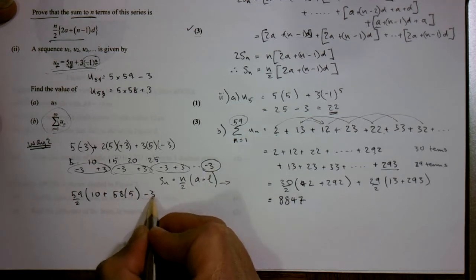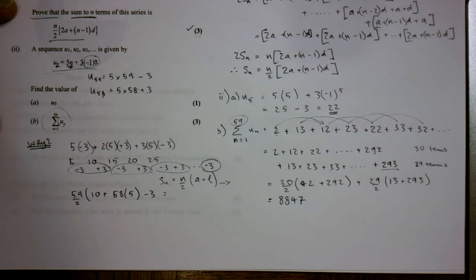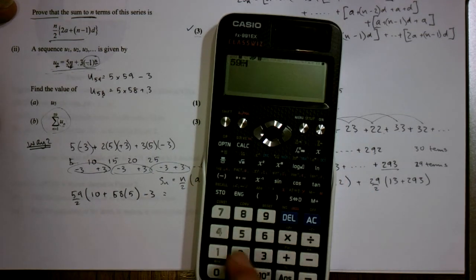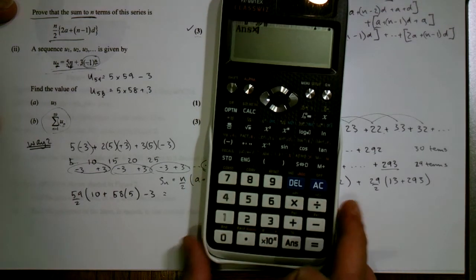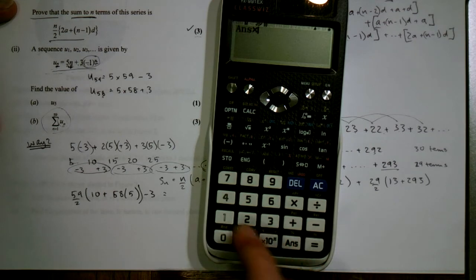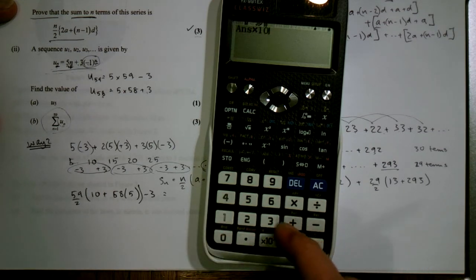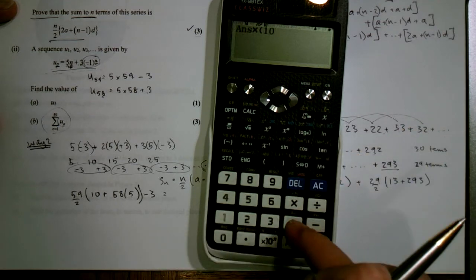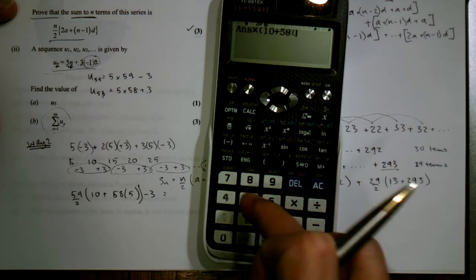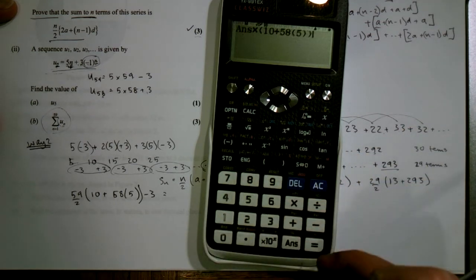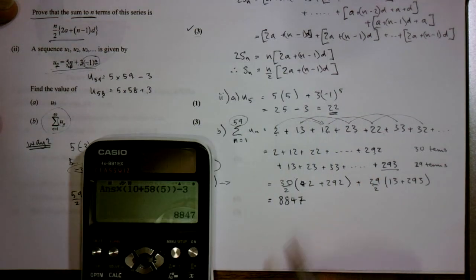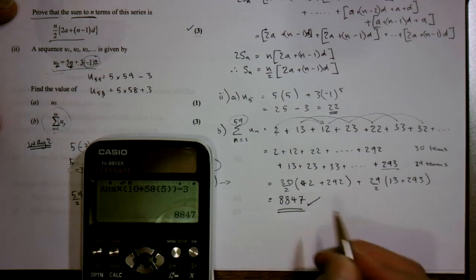Then if I take away that 3 that I've got left, that works out to 59 divided by 2 times, let's put that in bracket, 10 plus 58 5s, and then take away 3, and that's the same 8847. So I'm quite happy with my 8847.